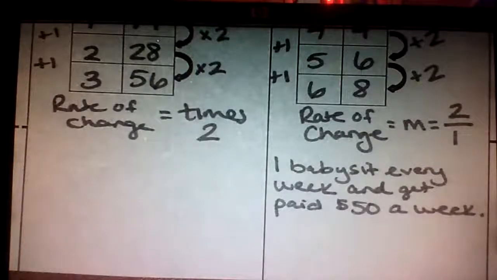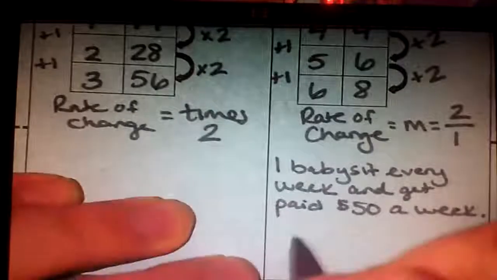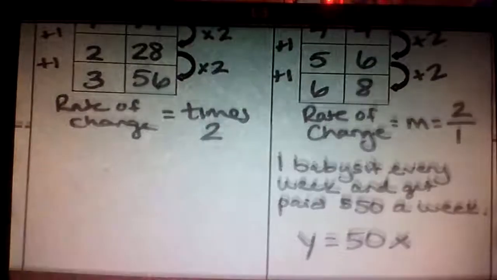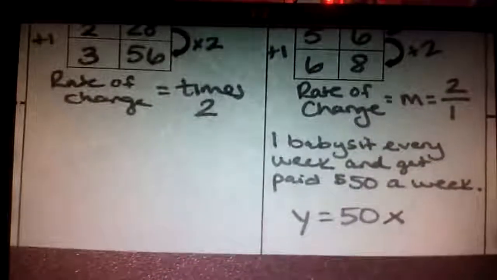So that means the first week you get $50, the next week you're up to $100, the next week you're up to $150. You're increasing at a rate of 50 every week, so that's what makes this linear. Your equation is y equals 50x, because you're increasing by 50 every week, which means 50 is your slope.